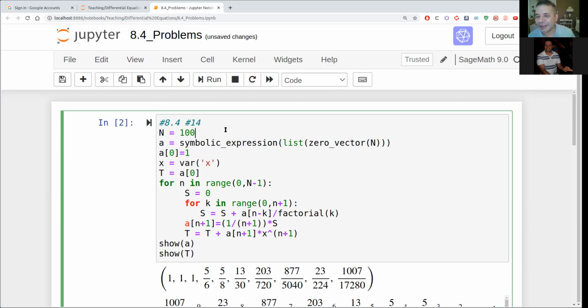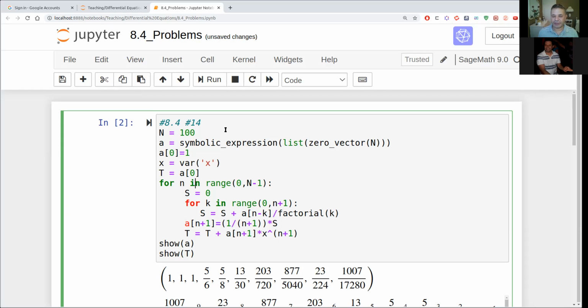Let's see what happens when I do that. I make a list of vectors. They're all zeros. These are my a's. I start out with a0 equals 1. I define a variable because I'm going to write out the polynomial as well. My t is a sub 0, no problem.